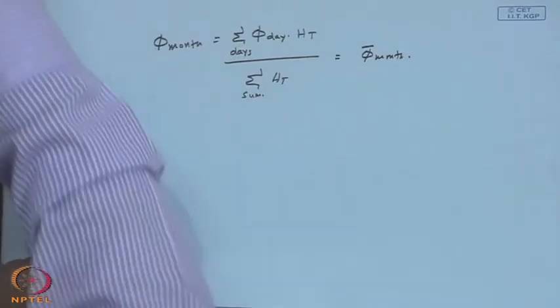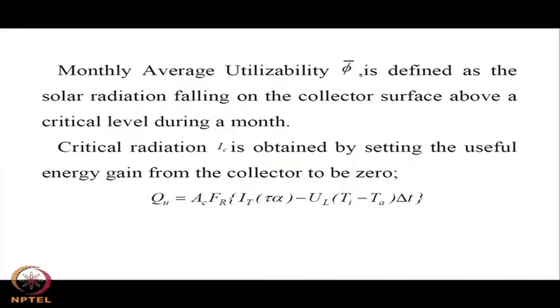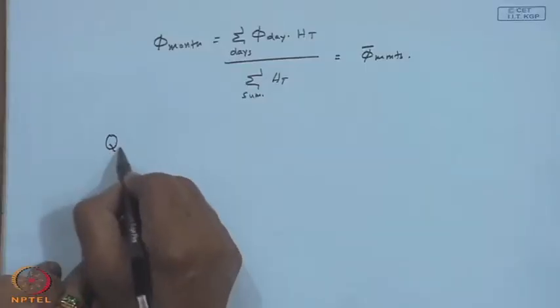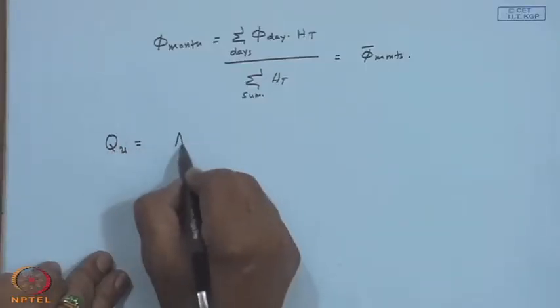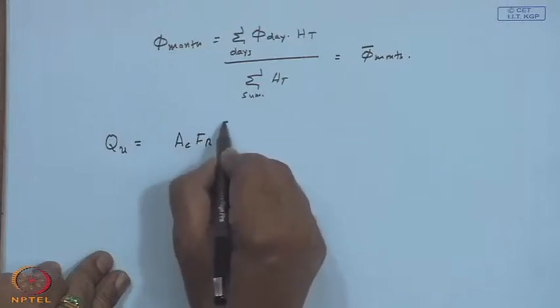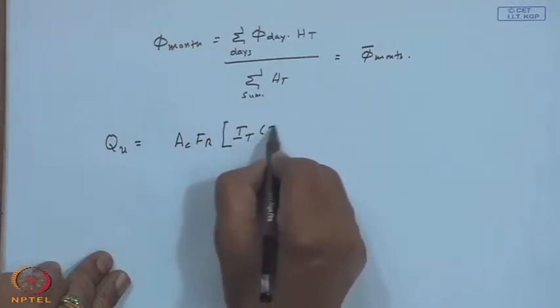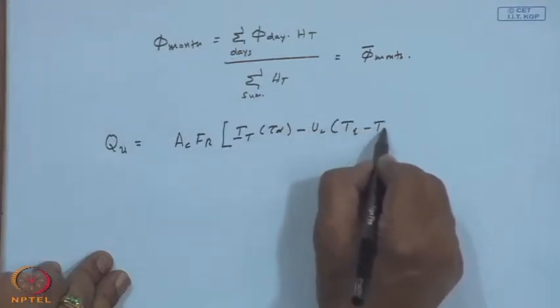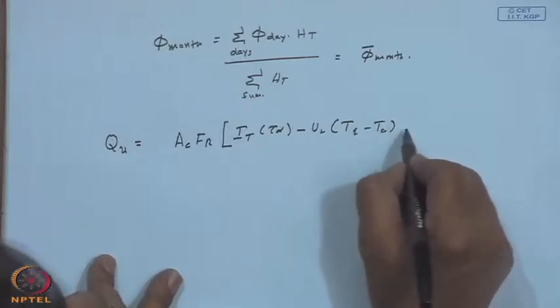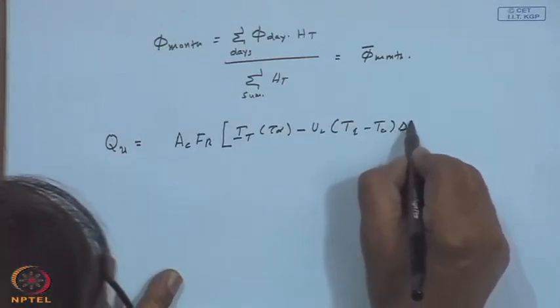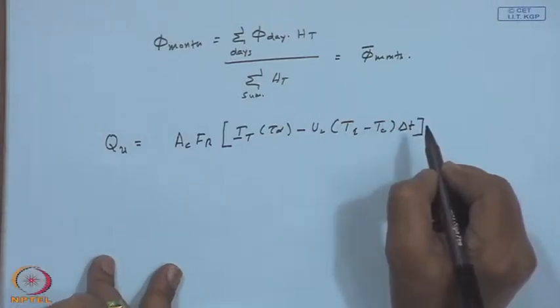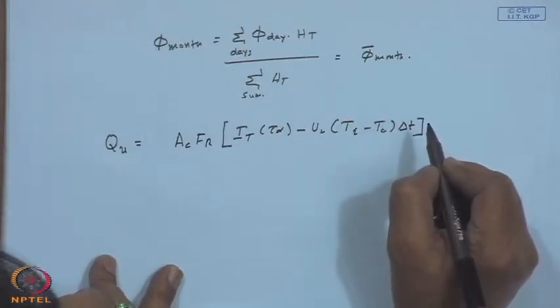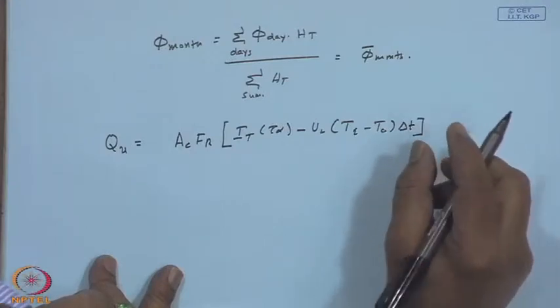So, let us go a little bit into the critical level. My useful energy gain equation is Q u equals A c F r times I t tau alpha minus U L into T I minus T A. For the sake of completeness and clarity, here I shall use the time factor delta t. Otherwise, you may not be able to calculate the critical level over a period of 1 hour integrated compared to the intensity at an instant.